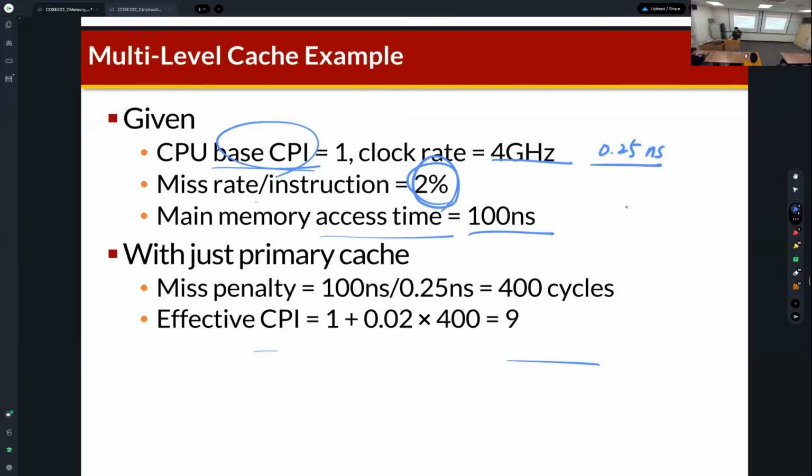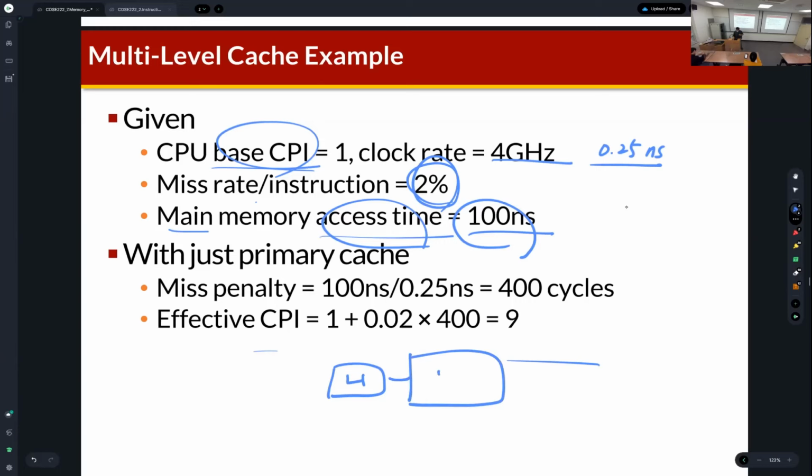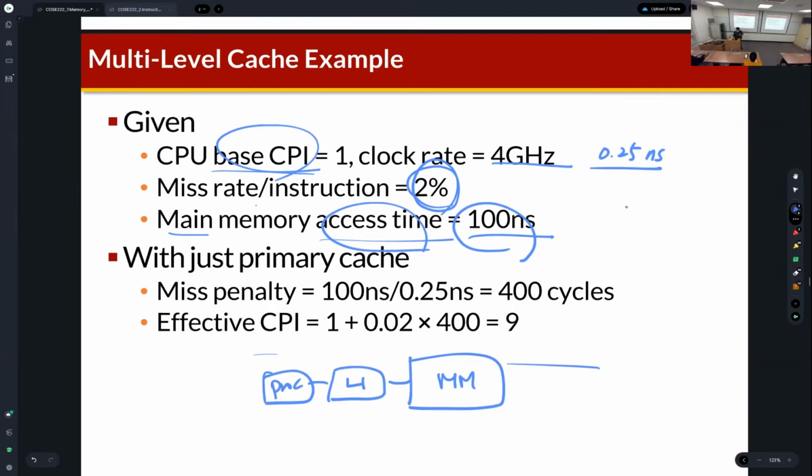The miss penalty: the main memory access time is 100 nanoseconds. So in this cache organization, there is the L1 cache, then the main memory, and the processor. Miss penalty means the required clock cycles for a miss, right?